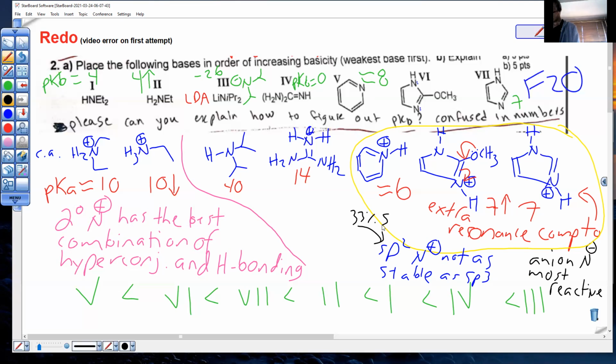And then you have to finish off by saying this is extensively resonance stabilized. That means it's the easiest conjugate acid to make. It means it came from the strongest base. Finish writing before you keep talking, Dr. Whitaker. Extensively resonance stabilized. And I believe this is an adequate answer.